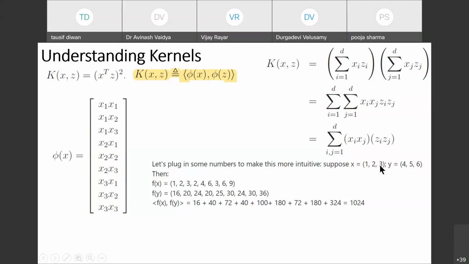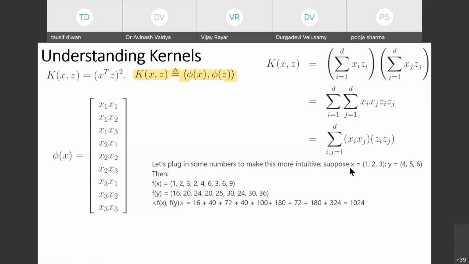So convert this first vector 1, 2, 3 with the help of this feature map. What is this feature map? x1 is multiplied by x1. So here 1 is multiplied by 1. Then x1 is multiplied by x2. Then 1 is multiplied by 2. Okay. Then 2 is there. x1 is multiplied by x3.